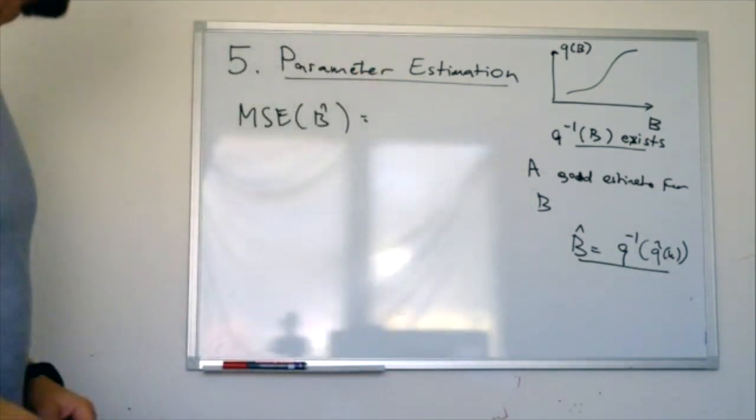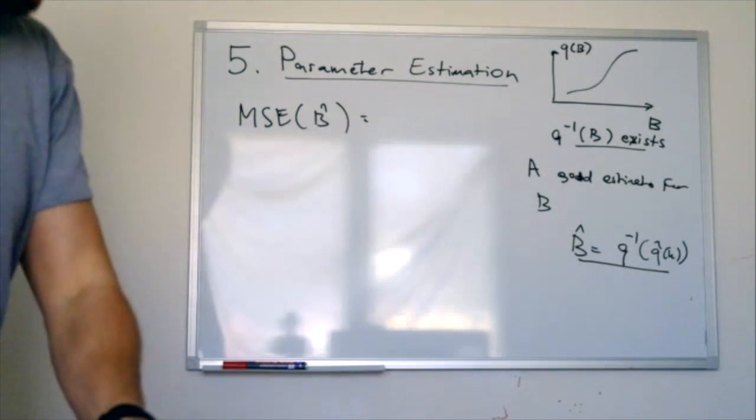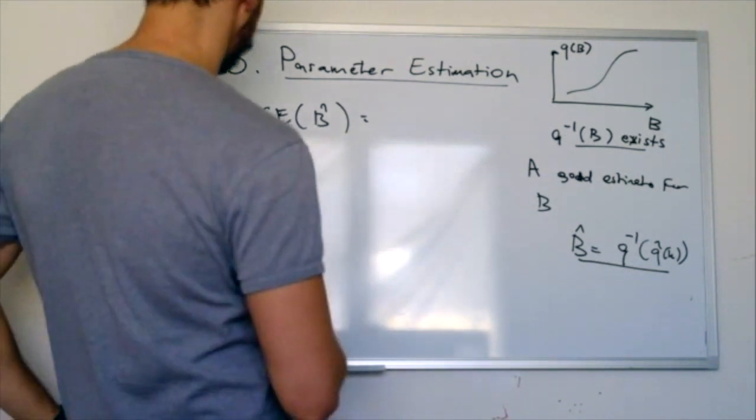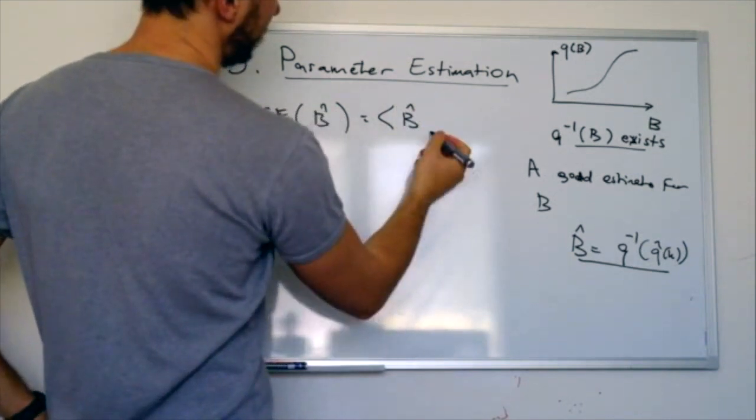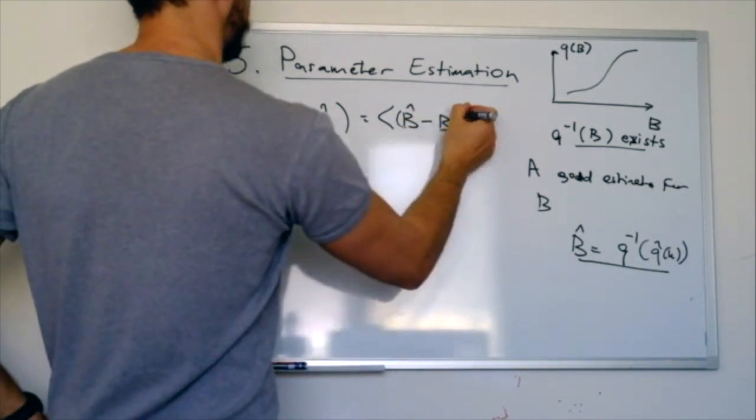And now we want to compute the mean squared error of this estimator, right? So the mean squared error of the estimator, by definition, is just the expected value of the estimator minus the true value squared.